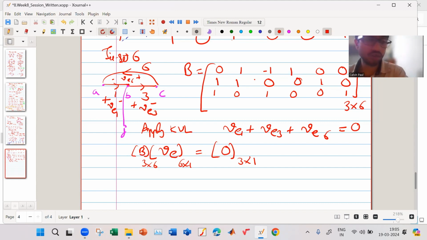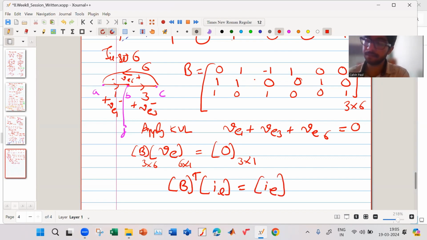There is another relation for the currents for the same tie-set matrix, that is B transpose IL is equal to IE. So what have we done? We have discussed the tie-set matrix.